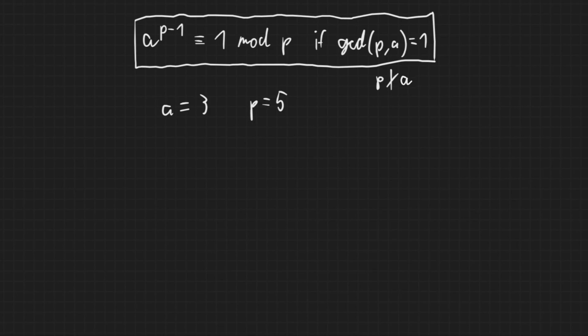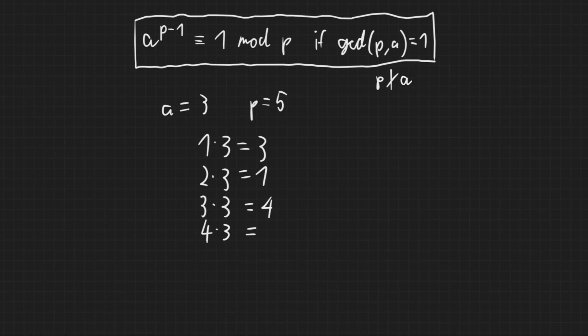So let's also look at something seemingly unrelated, namely multiples of a, 1a, 2a, 3a, and so on, all modulo p. So in our case, this would be 1 times 3 modulo 5, which is 3, 2 times 3 modulo 5, which is 1, because 6 modulo 5 is 1, 3 times 3 is 9, which is 4 modulo 5, and 4 times 3 is 12, which is 2 modulo 5.